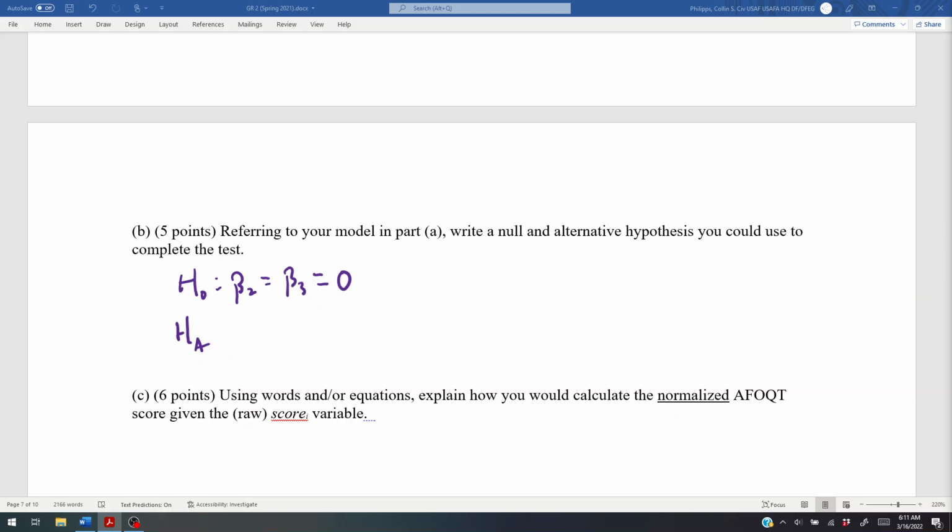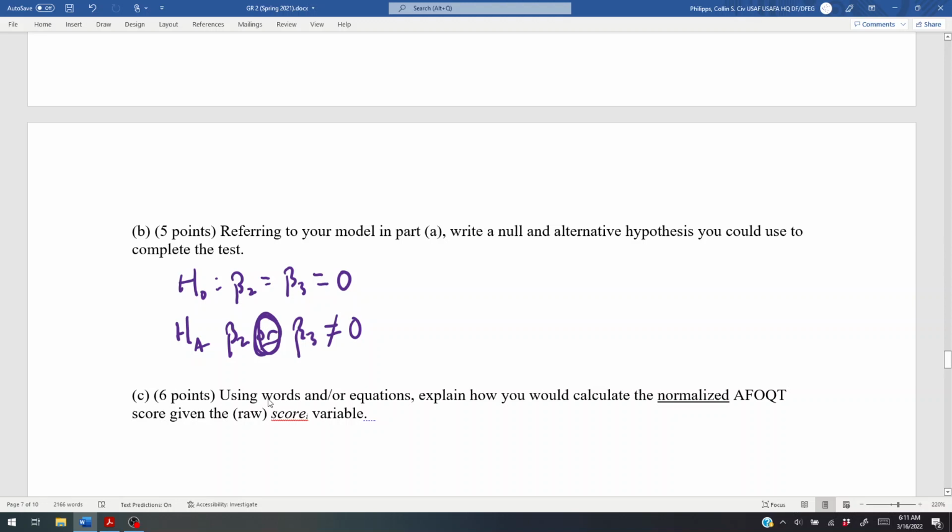Perfect, right? My alternative isn't going to be beta 2 isn't equal to beta 3 and isn't equal to 0. It's going to be either one of these is not equal to 0. One of them could be 0 and I would still reject. So I'm going to say beta 2 or beta 3 is not equal to 0. It's not and, it's or.